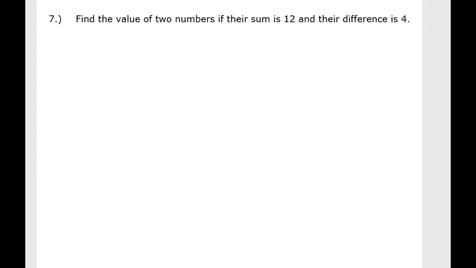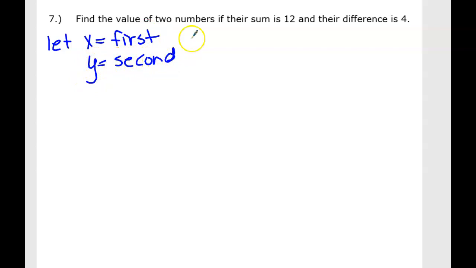So the first statement says, find the value of two numbers if their sum is 12 and their difference is 4. So I'm going to let x be my first number, all right, and y be my second, because I don't know what they are. They're my variables. Okay, first number, second number. Their sum means if I add them together, I'm going to get 12. Well, I can write an equation for that.